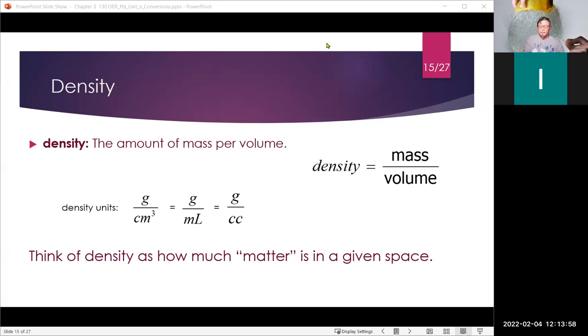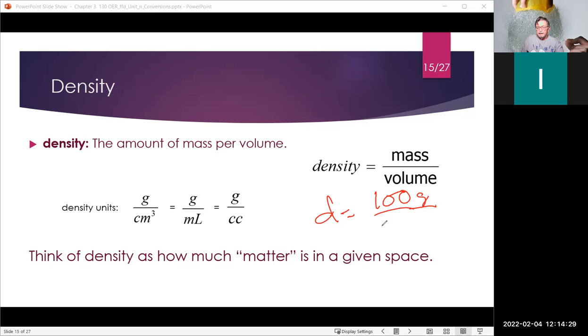Let's say that loaf of bread, for argument's sake, weighed 100 grams, okay? And so D is equal to 100 grams. And then we measured it, and we ended up with 1,000 cubic centimeters.